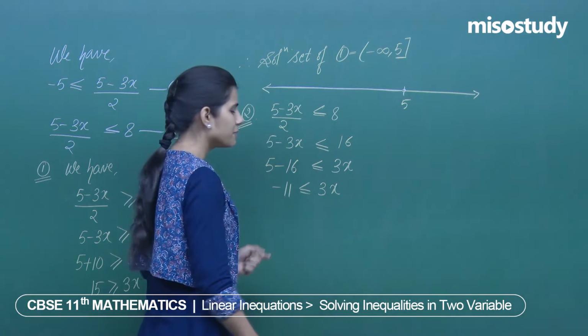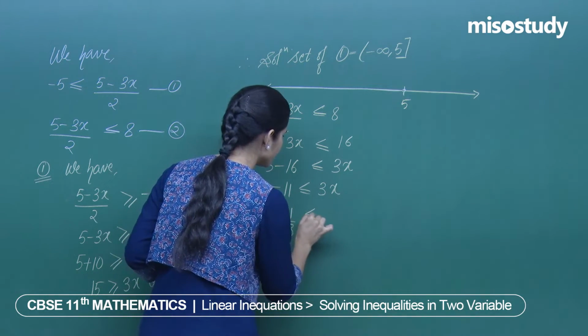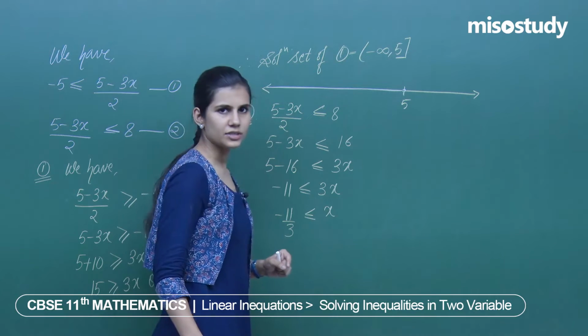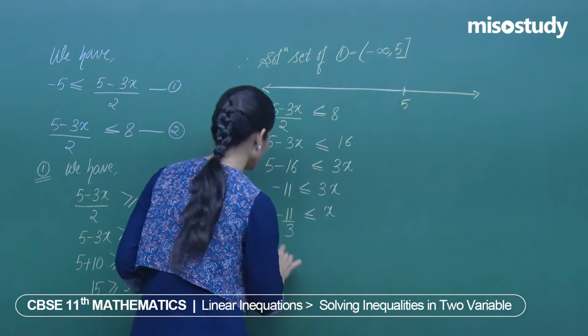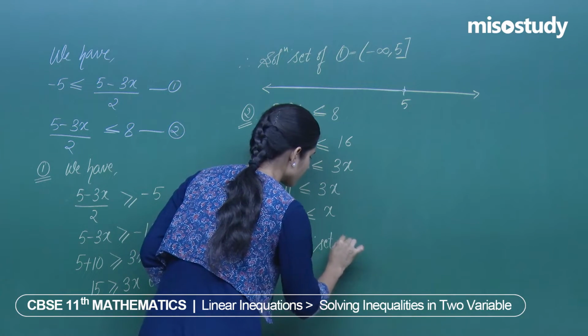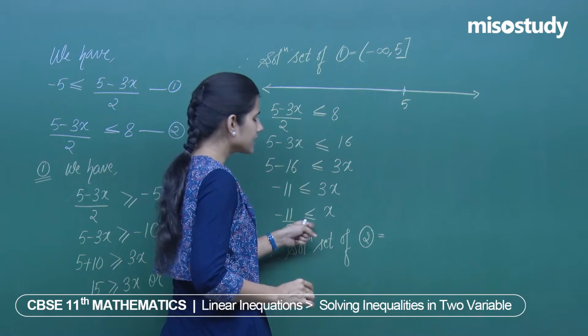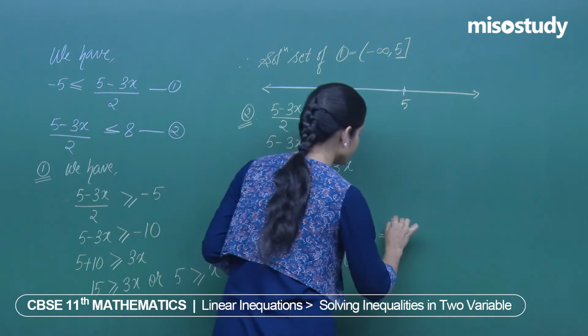When you divide both sides by 3, 3 is positive, the inequality doesn't change. Minus 11 by 3 is less than or equal to x, or x is greater than or equal to minus 11 by 3. And therefore, the solution set of 2 is x greater than or equal to minus 11 by 3.